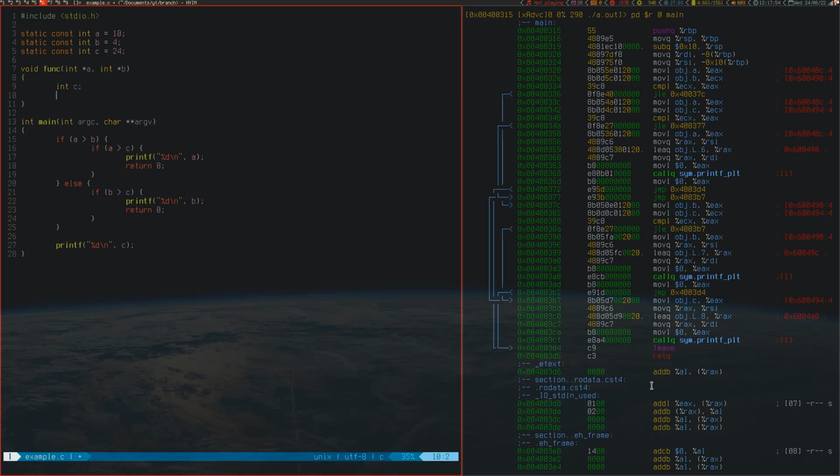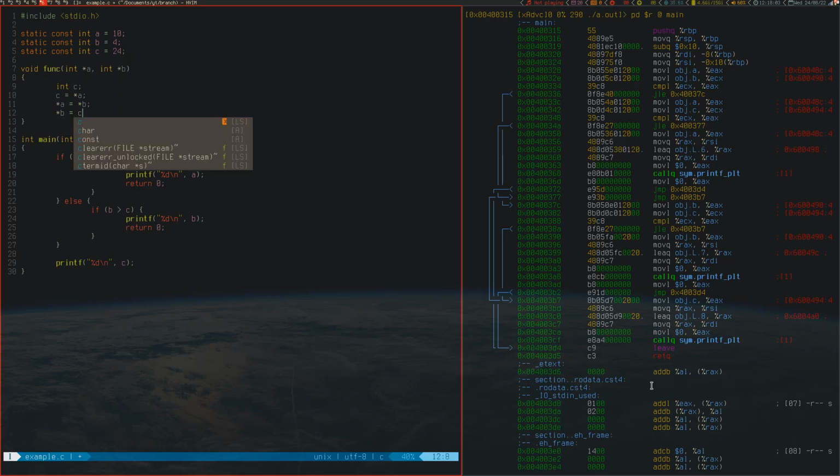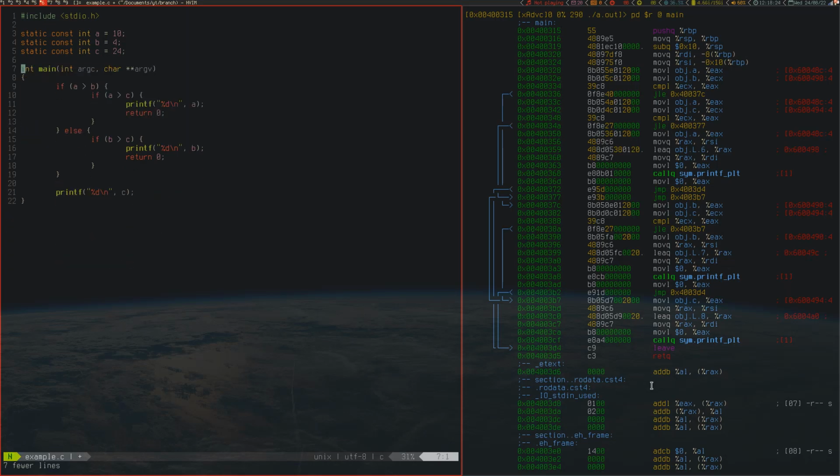Well, what I was taught in school to do is you do C equals the value of A, the value of A equals the value of B, then the value of B equals C, because we've stored the value of A here. The compiler can recognize this as a common idiom that could be sped up, and it can use either the XOR trick, where you can XOR together these two in a specific pattern and swap around the bits in each, or it can even use simply the exchange instruction in x86, which will actually do an atomic exchange between these two in a single machine instruction.